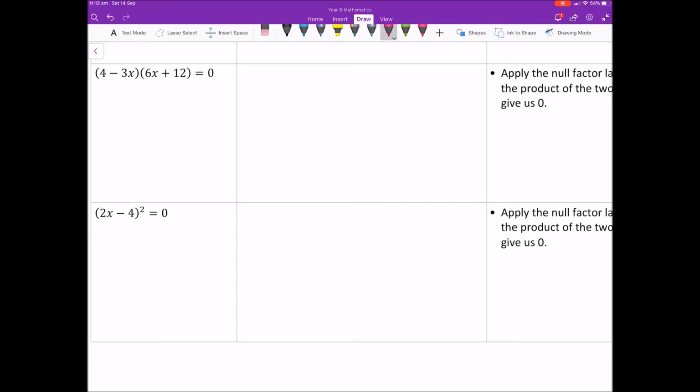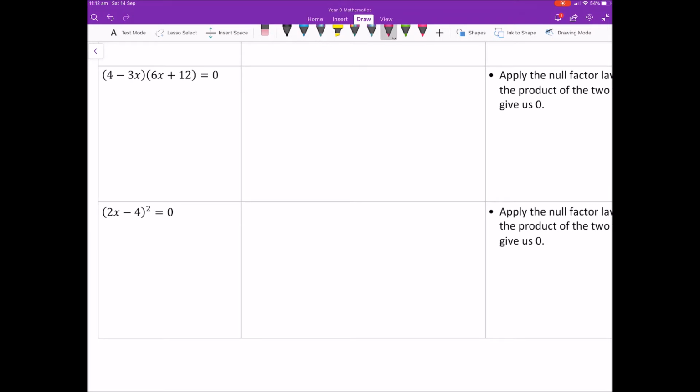So now with this example, we've got 4 minus 3x times 6x plus 12, and we're told that when multiplied together, it gives us an answer of 0. So again, we're still going to apply the same theory that underpins null factor law. I'm going to separate them and write 4 minus 3x equals 0, and then 6x plus 12 equals 0.